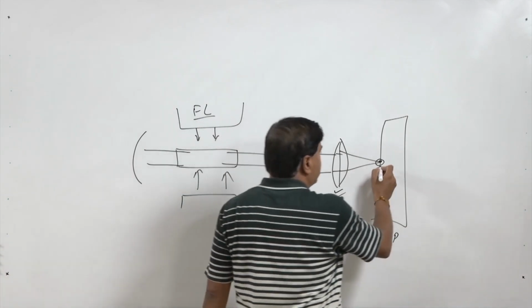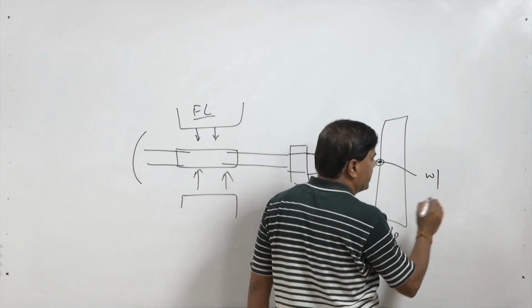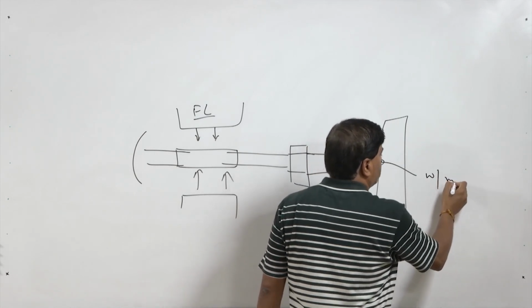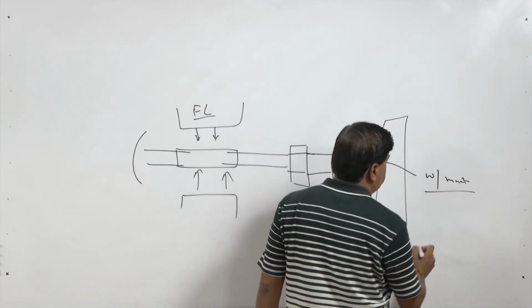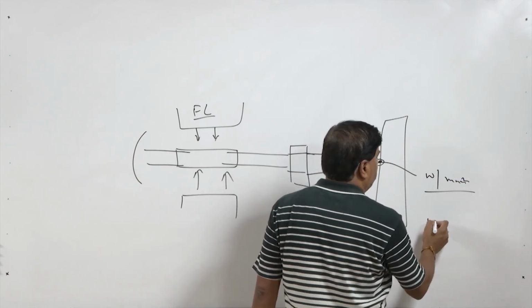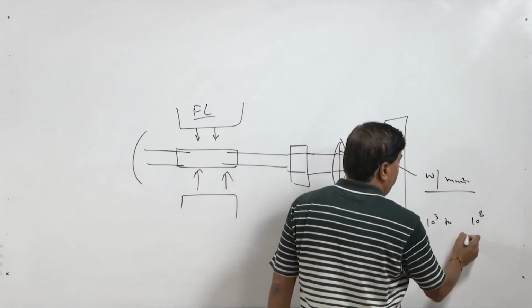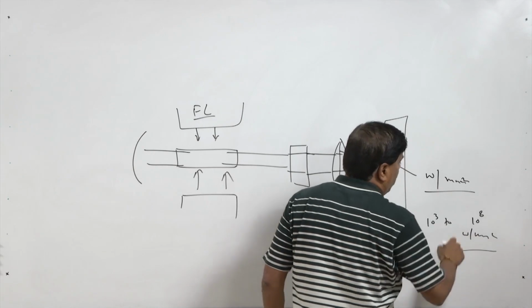Whenever it is directed over the surface, the energy density or power density becomes extremely high, ranging from 10 to the power 3 to 10 to the power 8 per mm square or more.